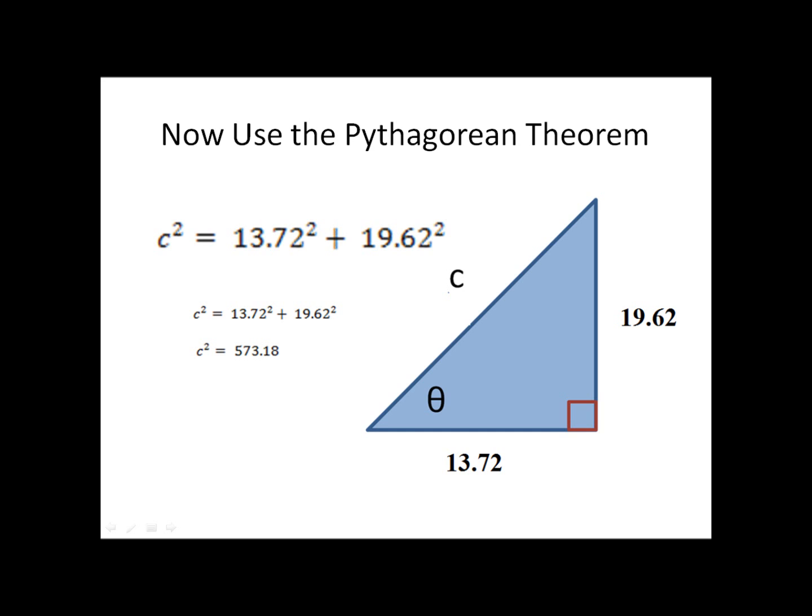The net initial velocity squared is 573.18. If we take the square root of that, we will get the initial velocity, and that is the initial velocity altogether, incorporating both the x and y components, is 23.94 meters per second.